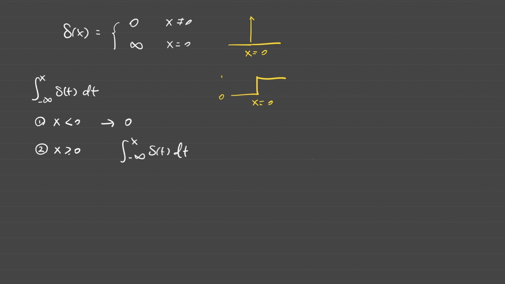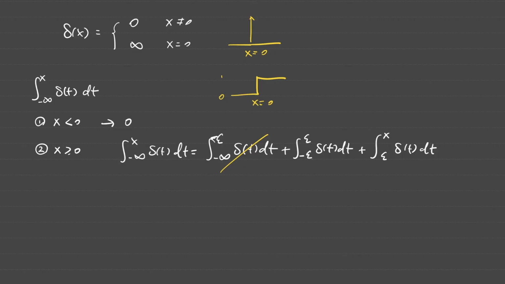So let's break it by negative and positive epsilon, where epsilon is a very small number. So minus infinity to minus epsilon of delta of t dt, plus minus epsilon to epsilon of delta of t dt, plus epsilon to x of delta of t dt.